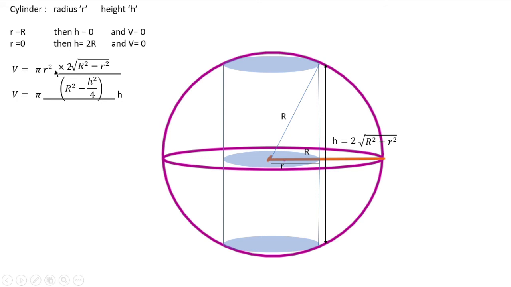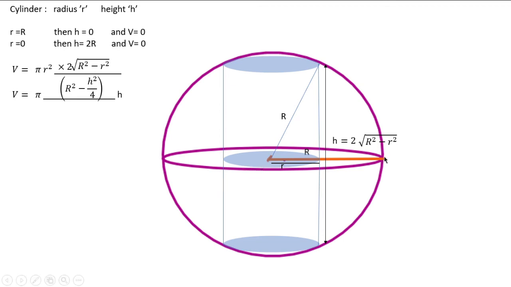And if we equate the derivative to be 0, means at which point the rate of change of volume becomes 0, you'll get that point. That's going to be a maxima. As I discussed in the beginning, r equals 0 and r equals R mean the extreme values, and at both places the volume is 0.